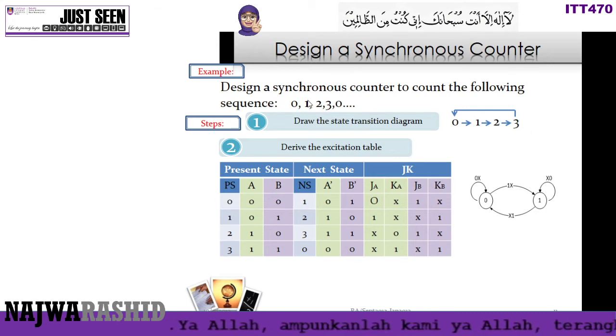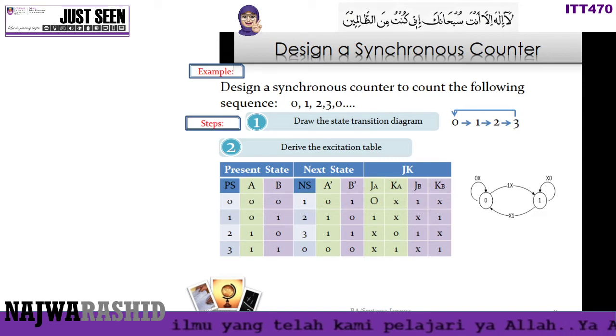Based on this sequence, from 0 it goes to 1. You must draw the direction of the state: from state 0 to state 1, from state 1 to state 2, from state 2 to state 3, and then from state 3 back to 0.